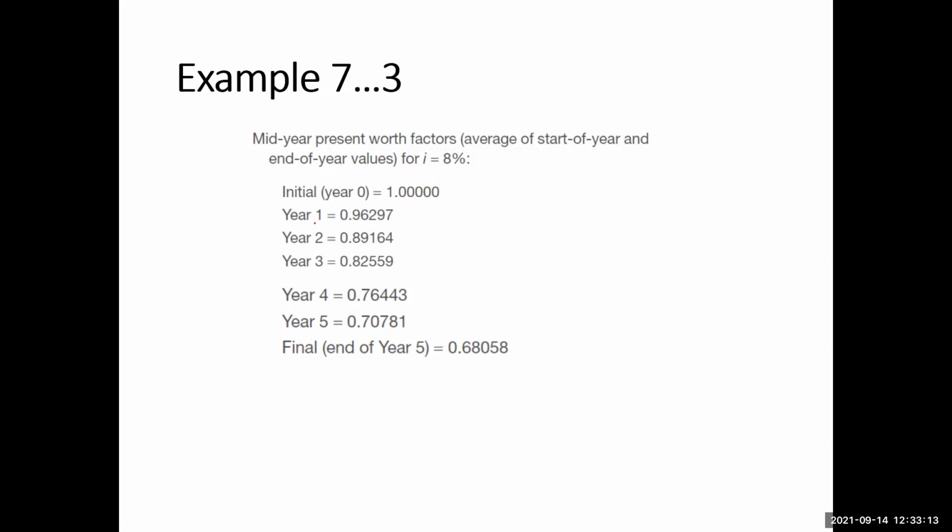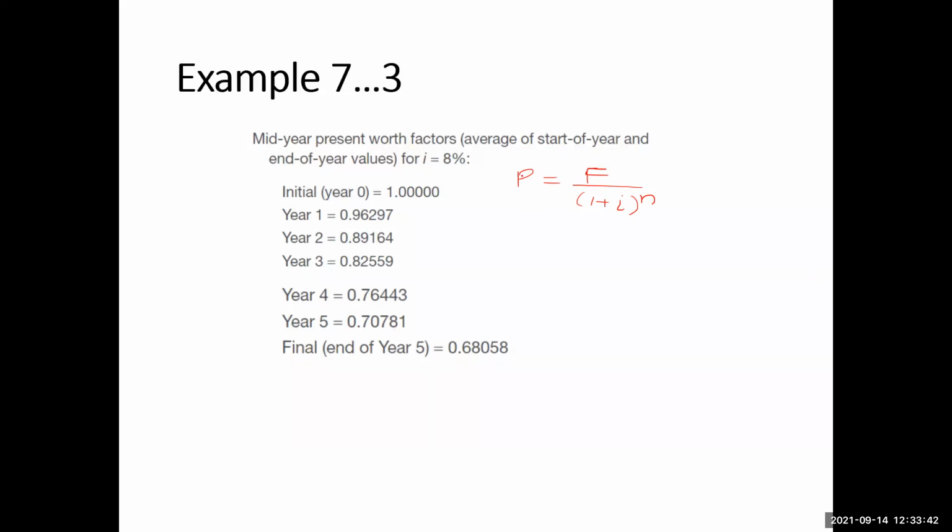For example, for year one, these are the mid-year present worth factors, the average of the start. We know that the present value is equal to the future value divided by (1 plus i) to the power n, where i is the interest rate and n is the number of years.